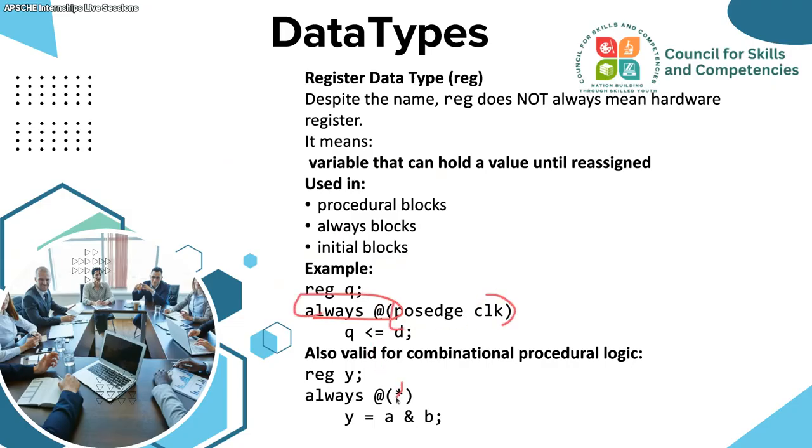For combinational logic, you give the wildcard star, which means it takes all the inputs as the sensitivity list. But here, for sequential logic, we have to give the clock edge. The parameter passed in the brackets of the always block is the sensitivity list.